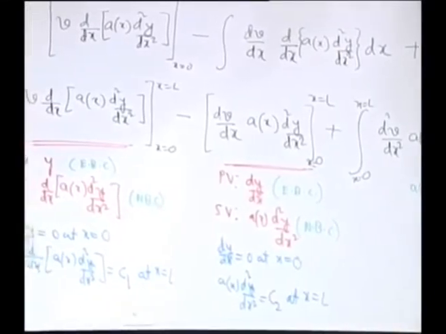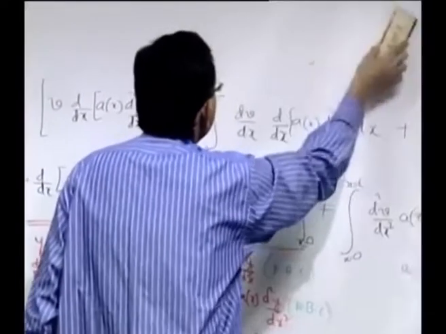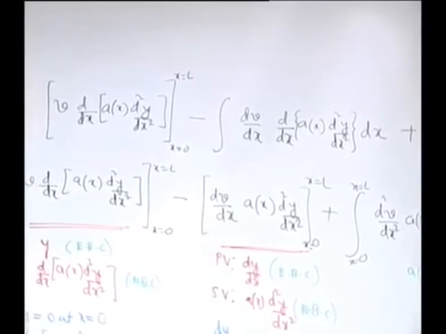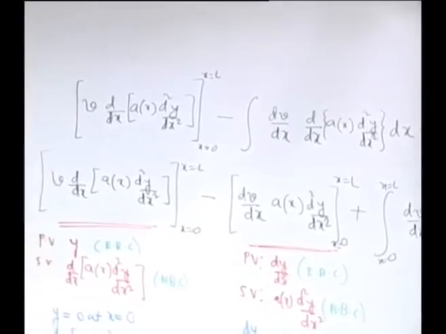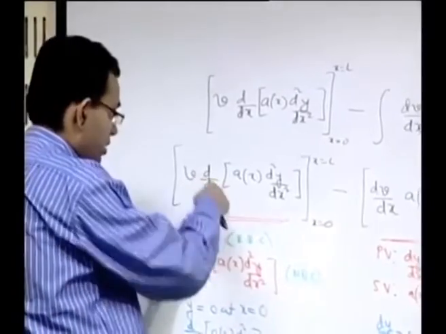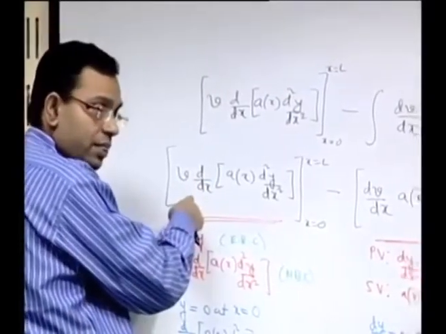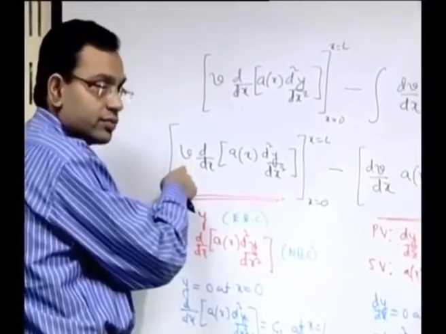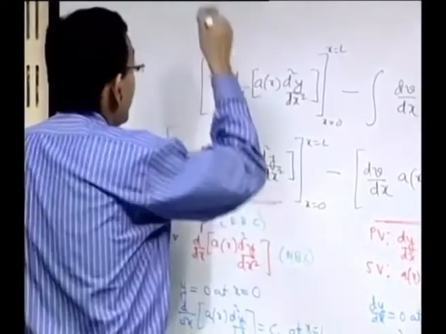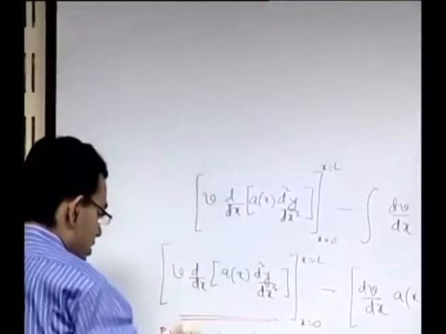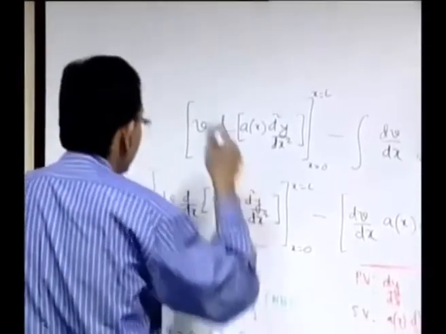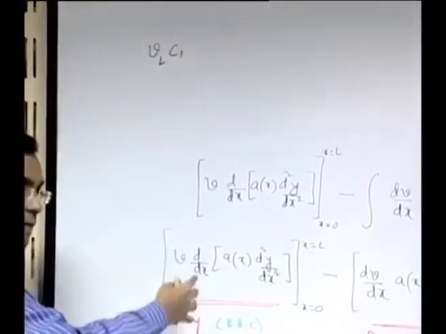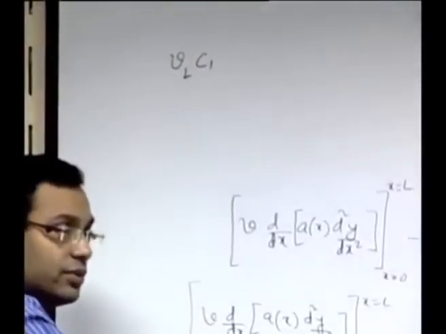Then let us write the corresponding terms. So in the boundary term you have at x equal to 0 this term will be 0, even if y was non-zero but some specified, that means v is 0. Okay. So here it will be minus, this is equal to v at L into C1, this minus 0. So that is the boundary term that we get from here.